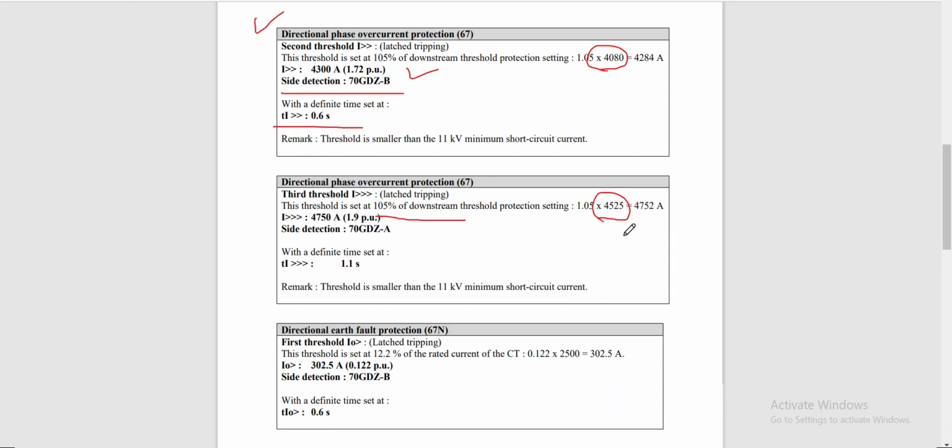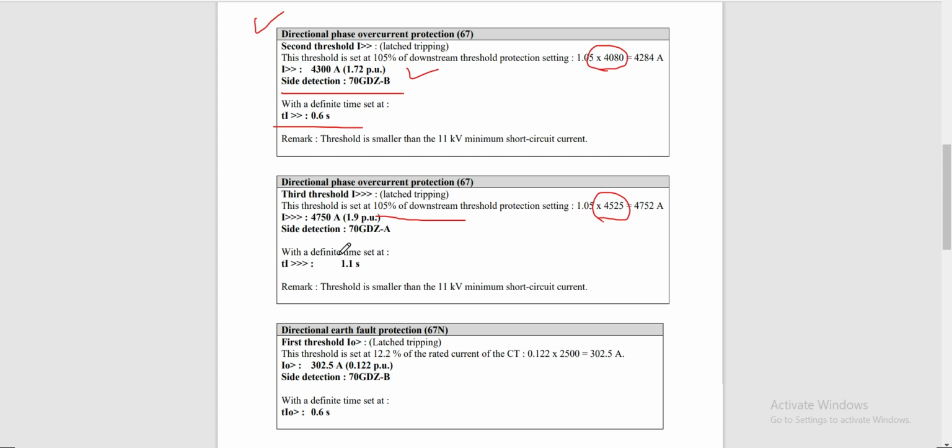The result after multiplying the given value here by 105%, we have 4752 ampere, or for our third threshold, the current pickup is 4750 ampere at 1.9 per unit.